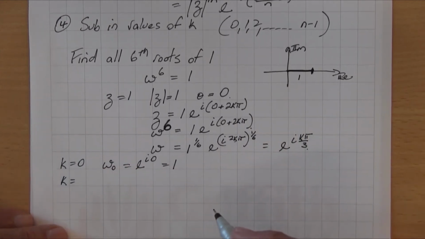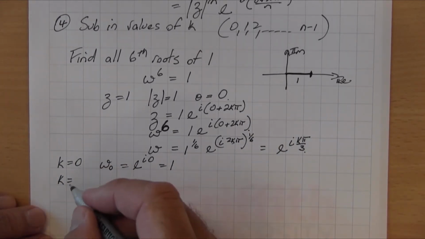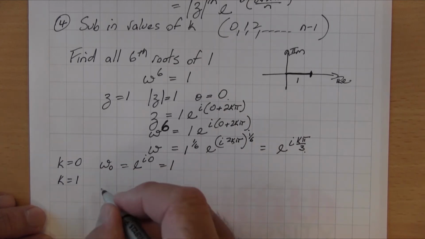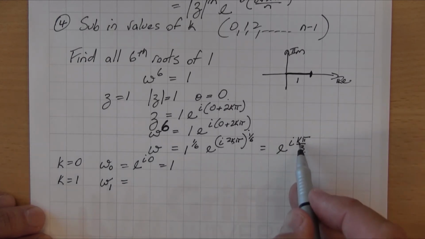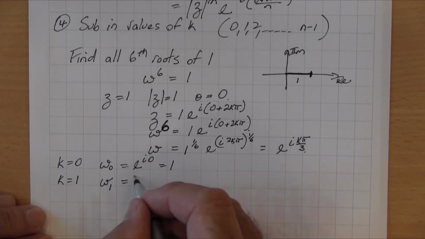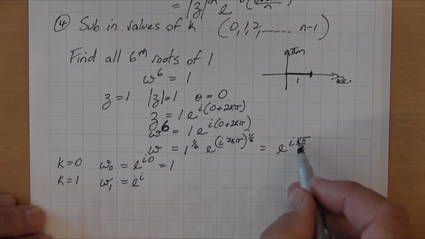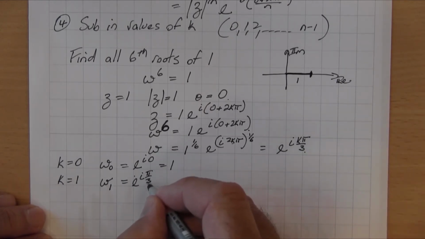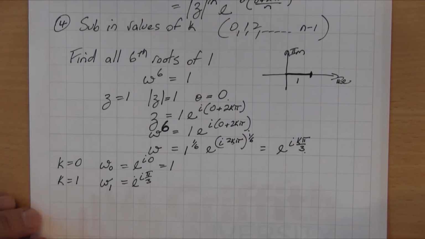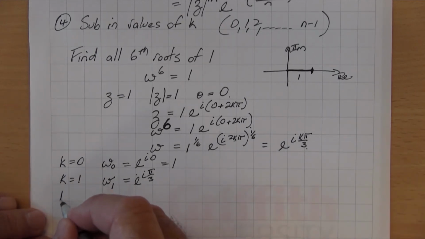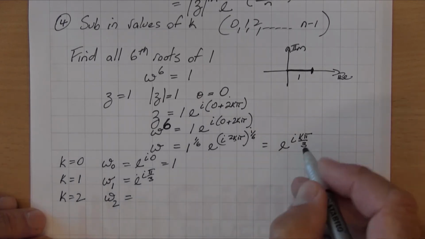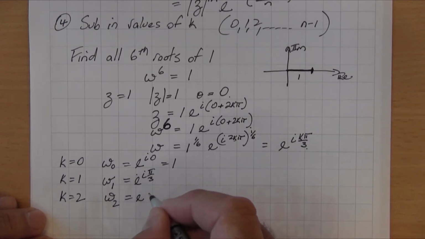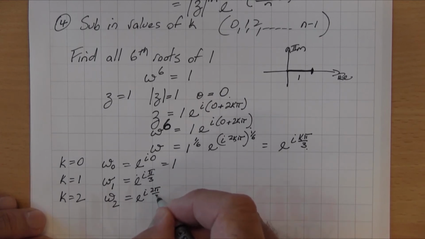So we step our k values up by 1 each time. So there's 1, so this will be called w1. There's e, and up here we're going to put k equals 1, so that'll be e to the i pi on 3. And then we do k equals 2, and that'll generate w2. Put a 2 in there, e to the i 2 pi on 3.